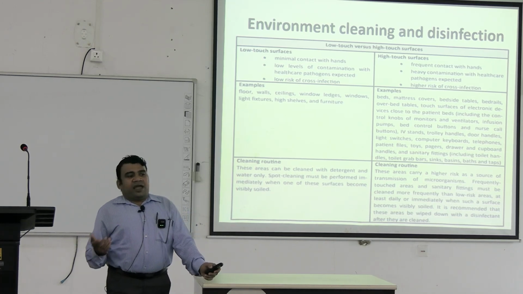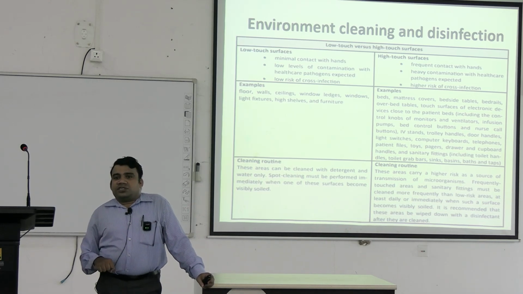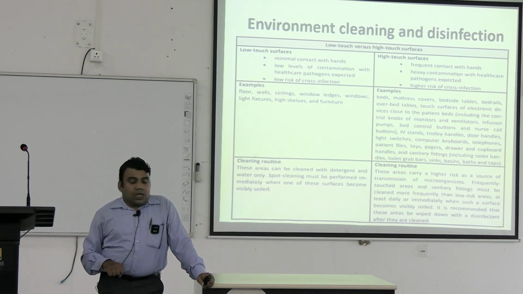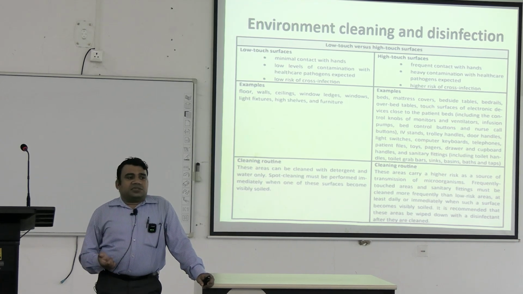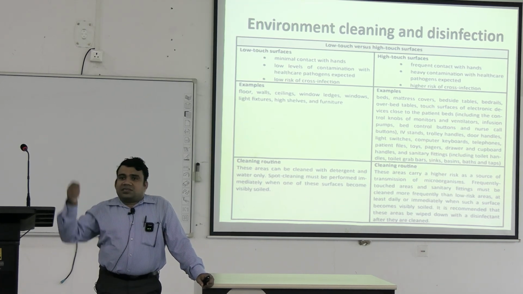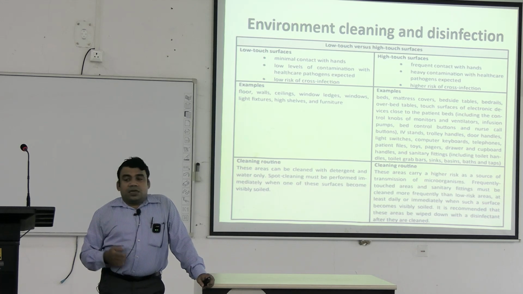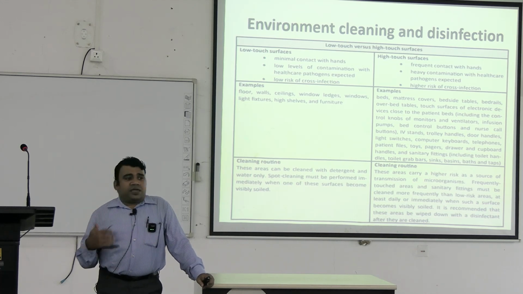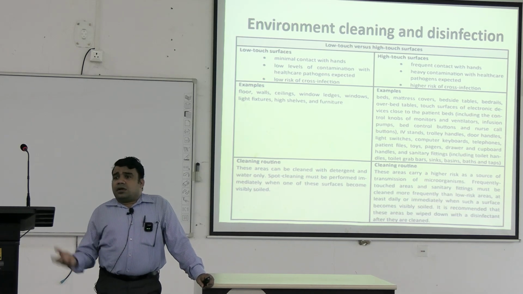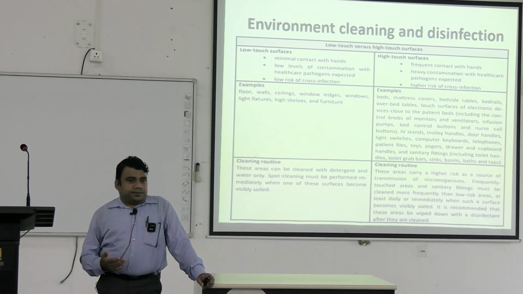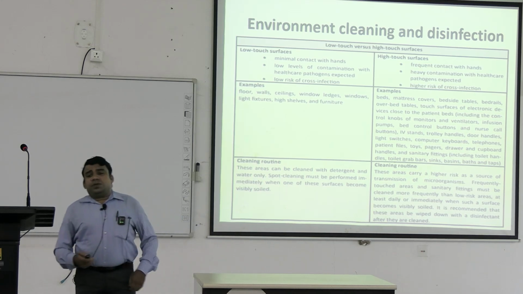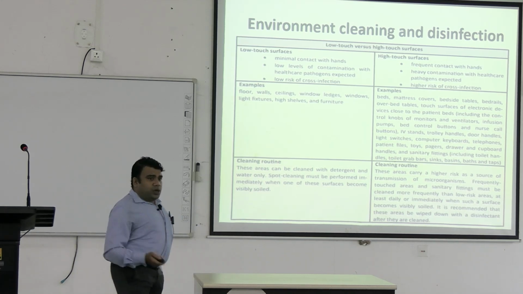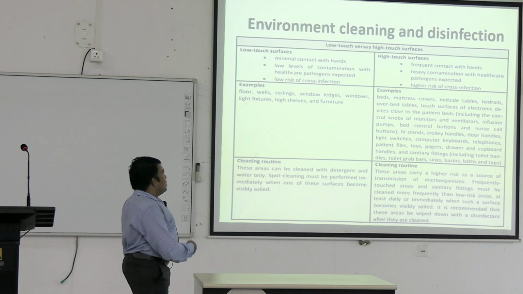People will have the habit of touching the bed railings of the patient, or say the patient stand where the files and documents of the patient are kept, or say the medicine stand that is kept beside the patient. They will come in contact with the hands of the healthcare workers more frequently as compared to other areas, say the walls or the windows. Okay, so because they are high touch surfaces, they need to be cleaned more frequently than the low touch surfaces.